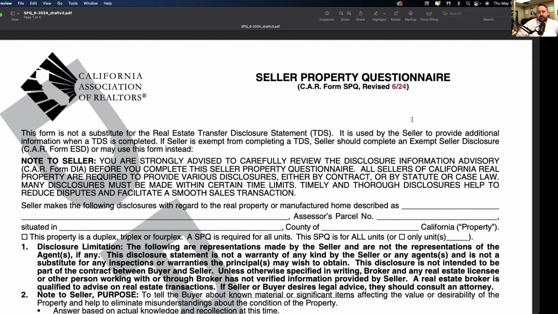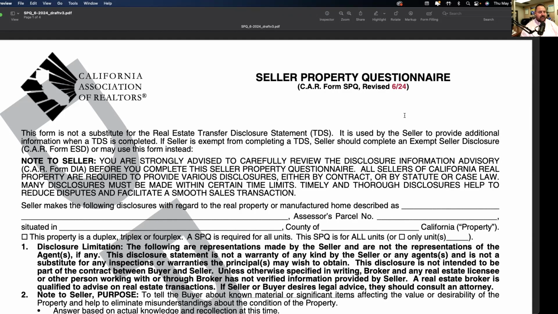This is to make sure that everybody's transparent about what you did in order to increase the value as much as you did. And so they're going to have to do that now, 18 months or less. Anybody that's had it for more than 18 months, if it was your principal residence for the last 5 years, all you have to do is disclose the repairs, modifications, alterations or additions you made to the property, and that's it. Nothing's changed for people who have lived in the property for more than 18 months.